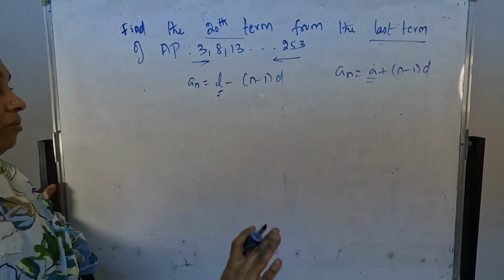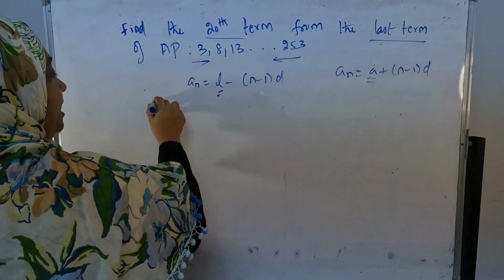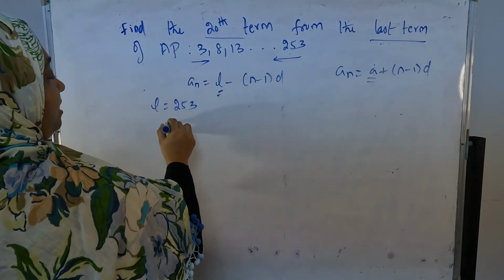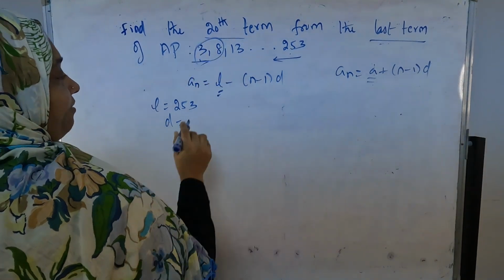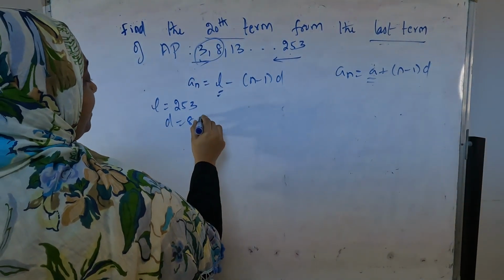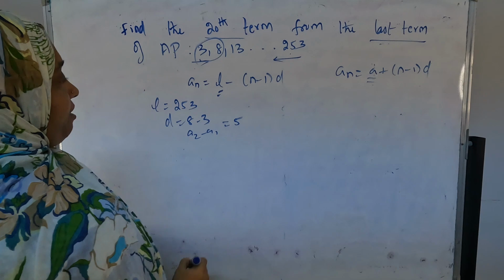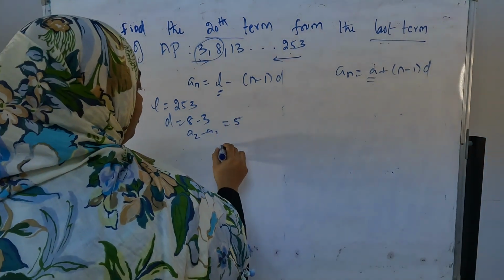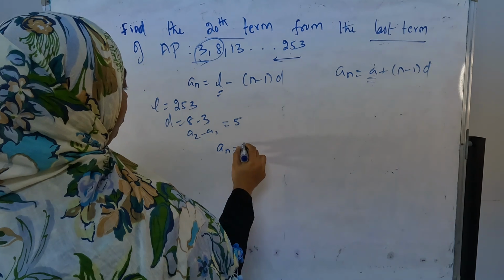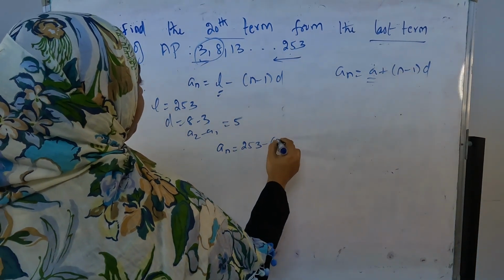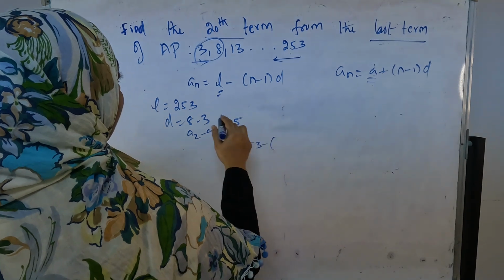So what is L? 253. What is the difference here? The normal difference only you take. So 8 minus 3, that means A2 minus A1, that formula you use. So 5 is coming for us. Enough, substitute in this one. So an is equal to 253 minus n minus 1, where n is 20.